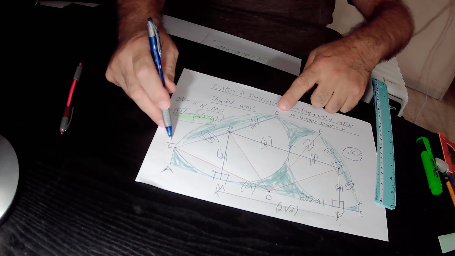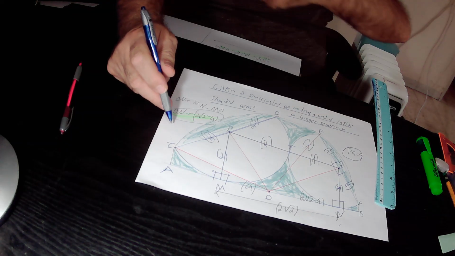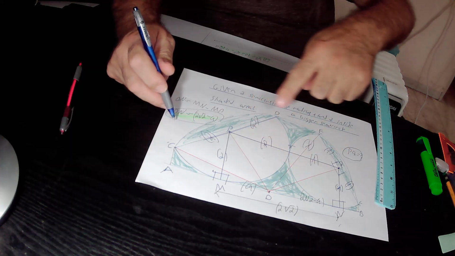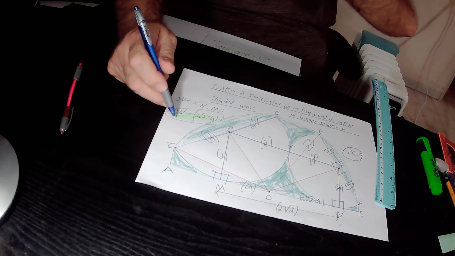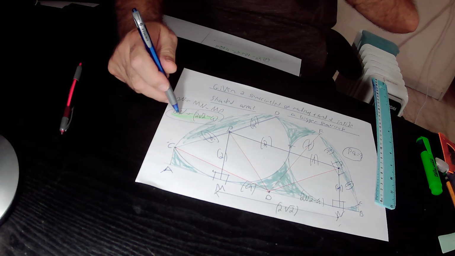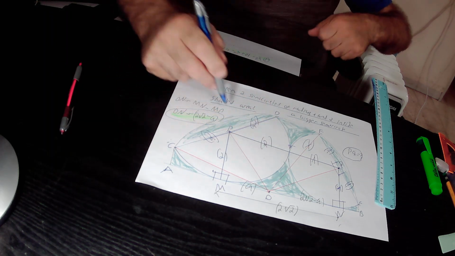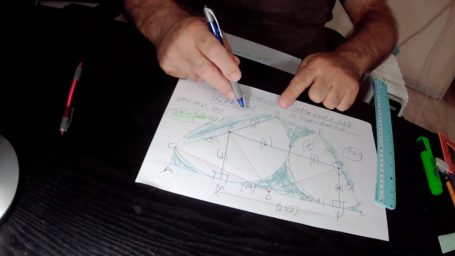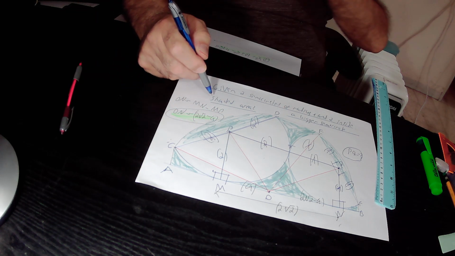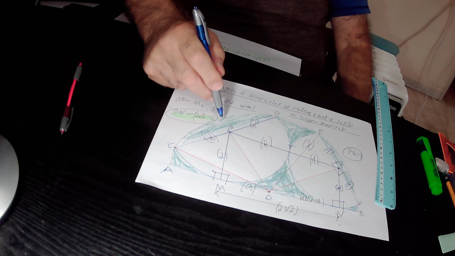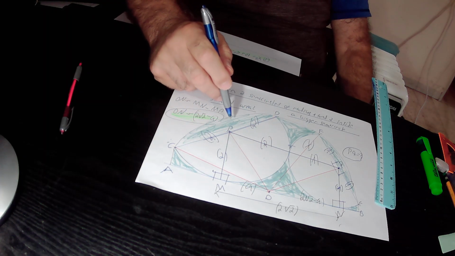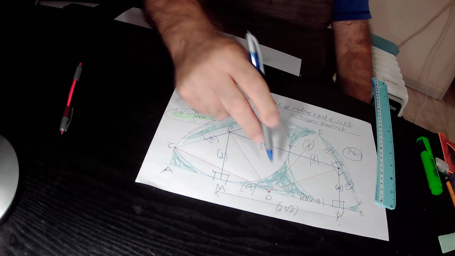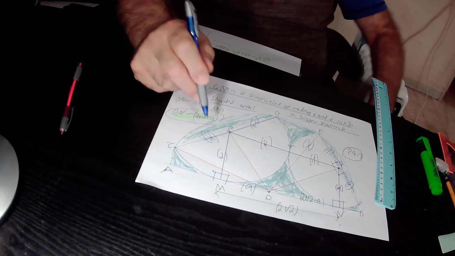And according to rule 30, if we draw from the center of the circle a line segment that bisects the chord, it will also be perpendicular to the chord. OP bisects chord CD because CP equals PD equals 2. And therefore, line segment OP must also be perpendicular to CD. OP is perpendicular to CD, according to rule 30.